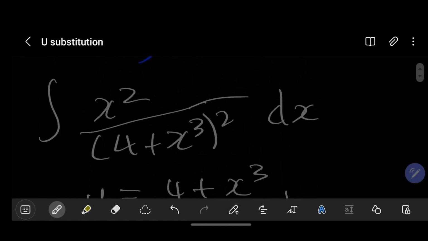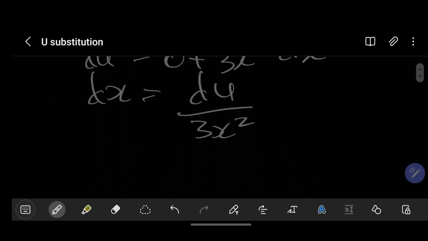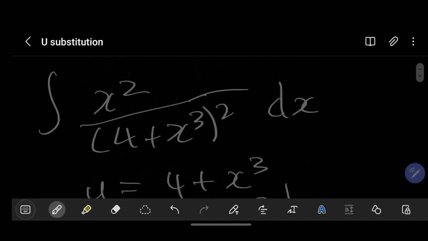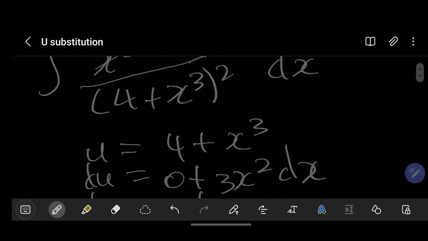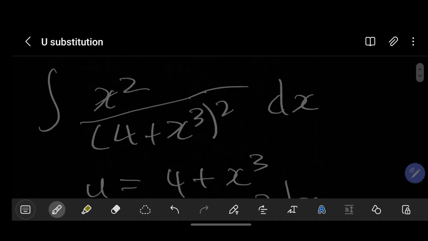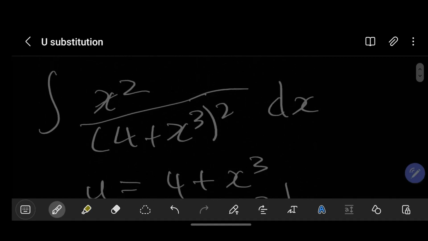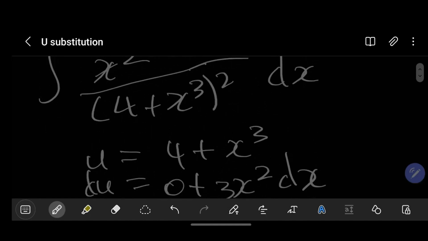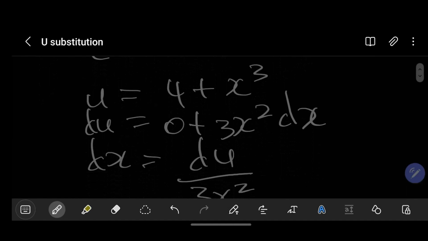Okay, so let's substitute back, right? Seeing it from here, you can see that the x squared and the x squared can cancel off. So we know we are on the right track. So using the guidance of making the higher exponent equal to u is helping here.